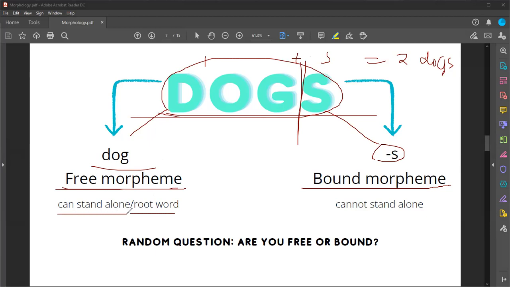When we hear the dog, in our brains, we can easily find the dog that says arf, arf, arf. The word itself can stand alone. The dog, it is an animal. It has four legs. It barks. What else? It has a tail. Sometimes we can see brown dogs, black dogs, white dogs. So it can stand alone.